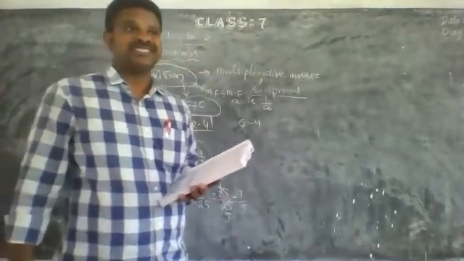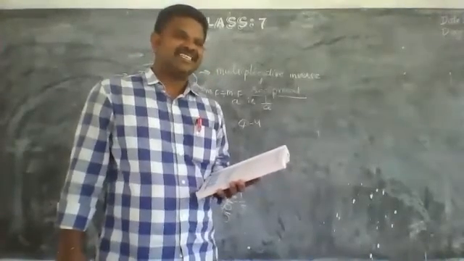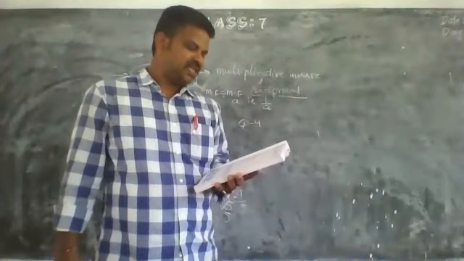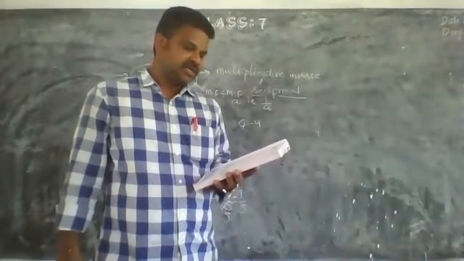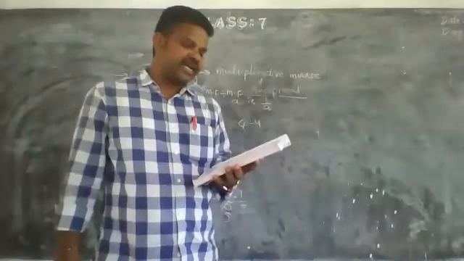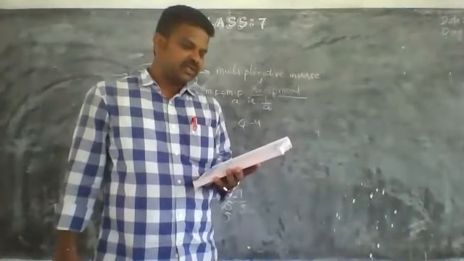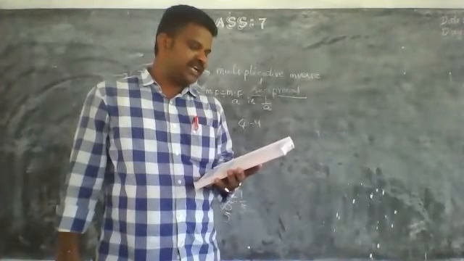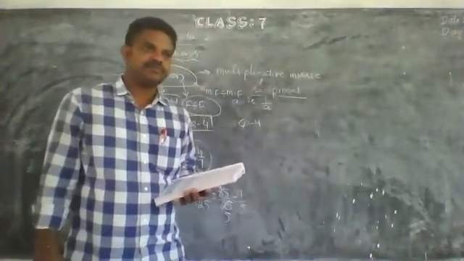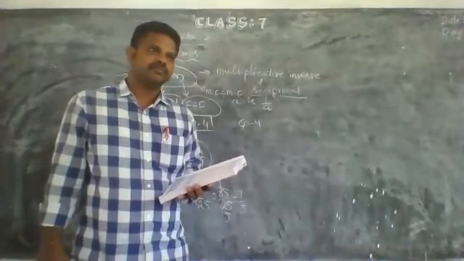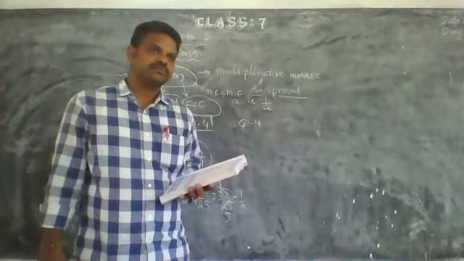Tell me. Deepak can paint 2 by 5 of the house in one day. If he continues working at this rate, how many days will he take to paint the whole house? Two and a half days.